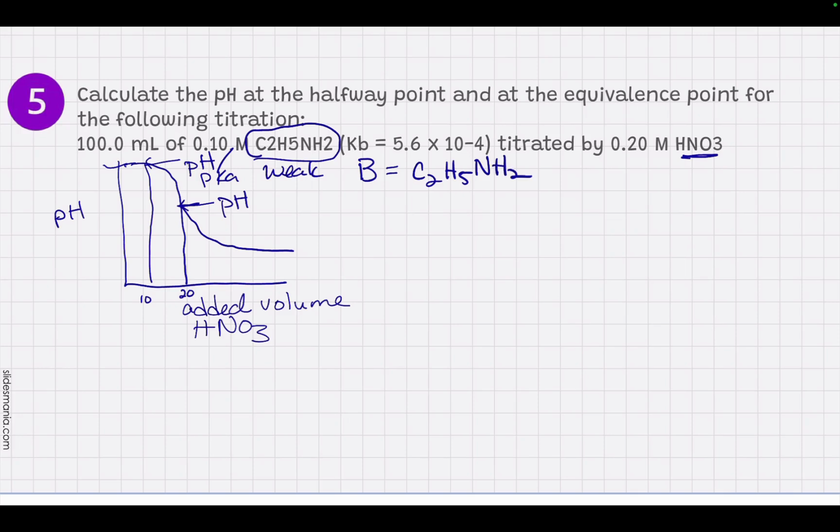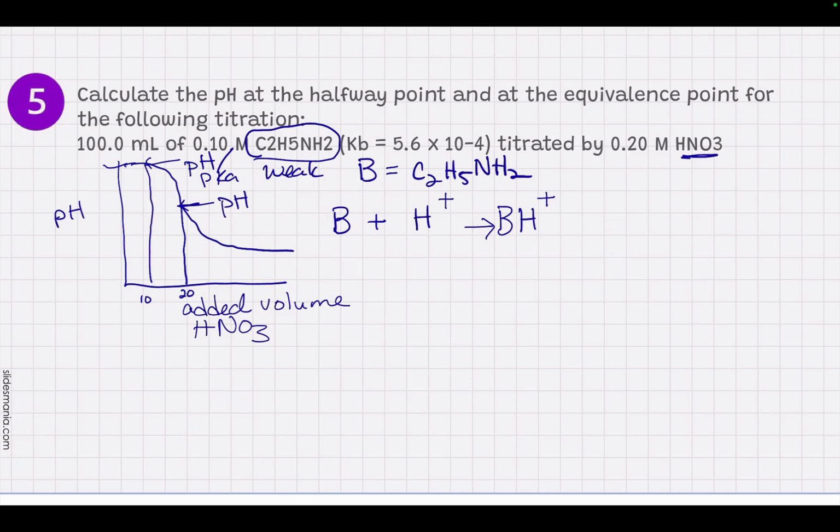And then my reaction is going to be B plus nitric acid, which is, let's just do hydrogen ions, and that's going to give me a weak conjugate acid we'll call BH.